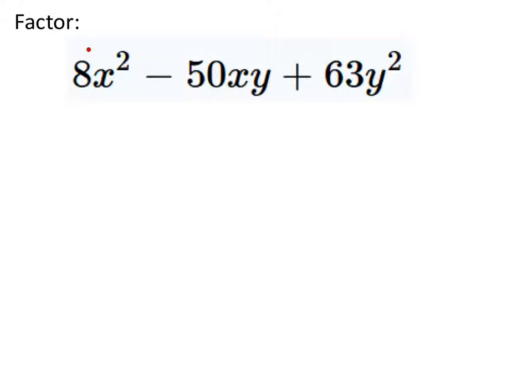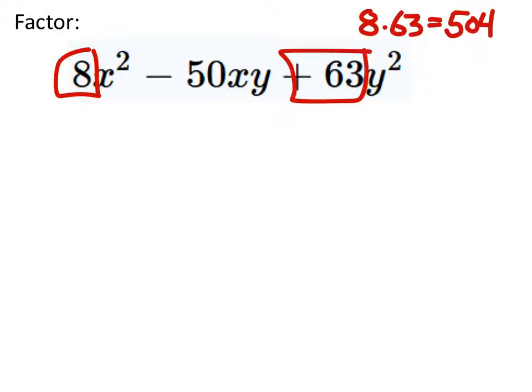which means we're going to jump right into a, 8, times 63. So 504 now, that's the product of a and c. And again, we're going to look at 2 factors of 504 that add up to negative 50. Now, since it is negative, I'm going to be specifically looking at only the negative factors of 504, which is positive.